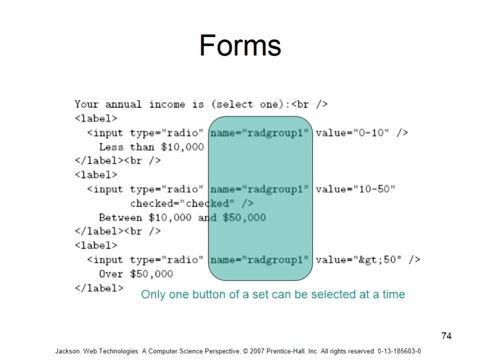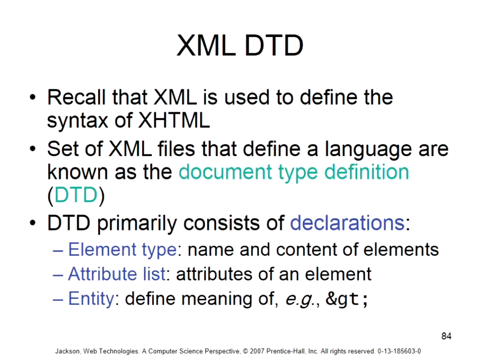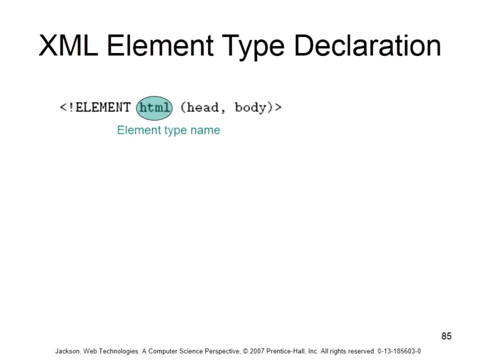So forms, here all the details about forms. Just for XML DTD, recall that XML is used to define the syntax of HTML, and the set of XML files that define a language are known as document type declaration.